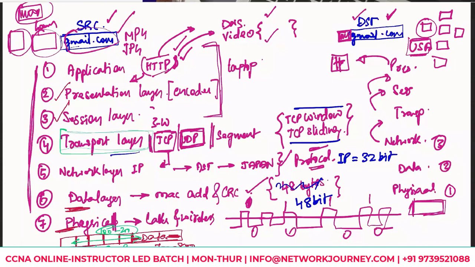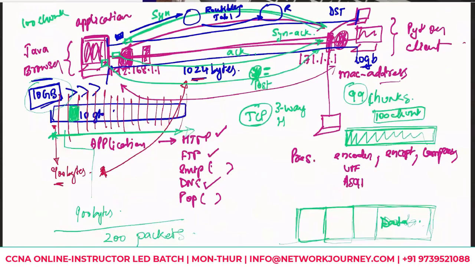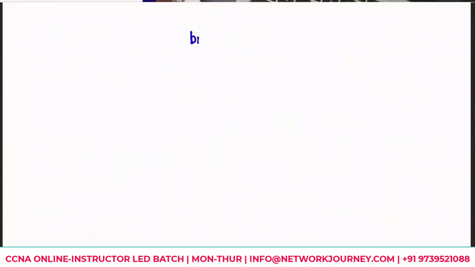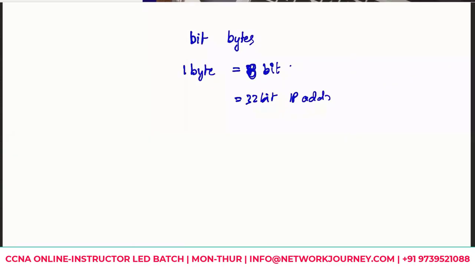So what is the correlation between bits and bytes? Sir, 1 byte is equal to 8 bits. Yes. So when I have a 32-bit IP address, how many bytes is it? 4 bytes. Similarly, when I say a 48-bit MAC address, it will be 6 bytes.